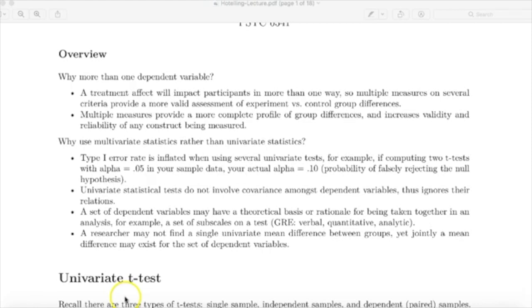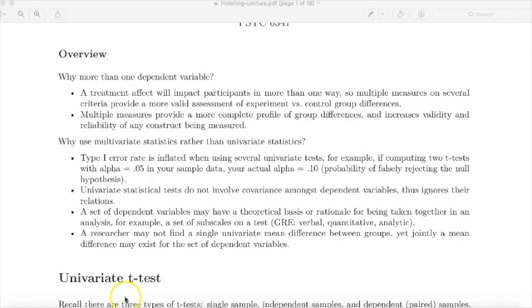It's not realistic. It would be more realistic to model the correlation and the relationship between the dependent variables in your analysis. And in real life, you're going to have a good theoretical reason why those variables are together and why there's a correlation between them.